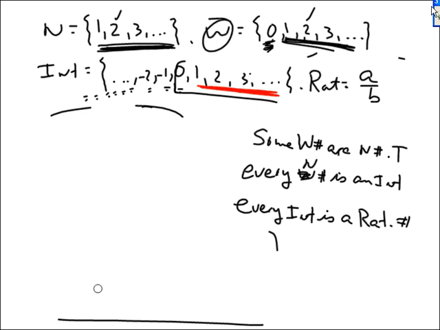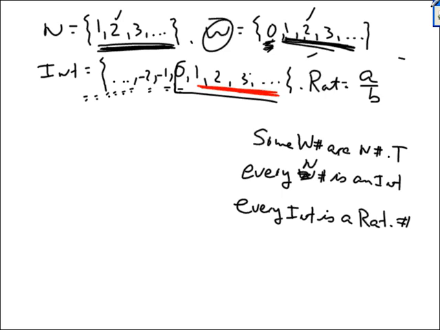Now remember, it's very, very simple to be a rational number. How do you come to be a rational number? If you can be written as a division of two integers. Now, I was very, very careful in how I worded that. I said can be written as. That's exactly how I defined a rational number. You don't have to be in that form. You just have to be able to be written in that form.